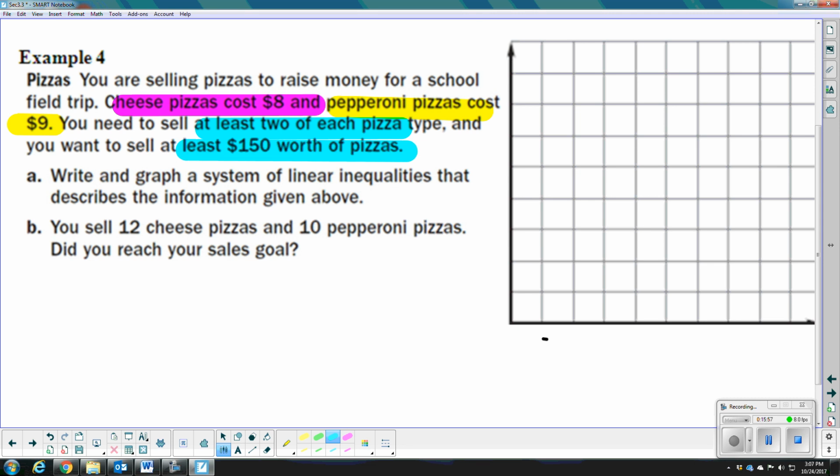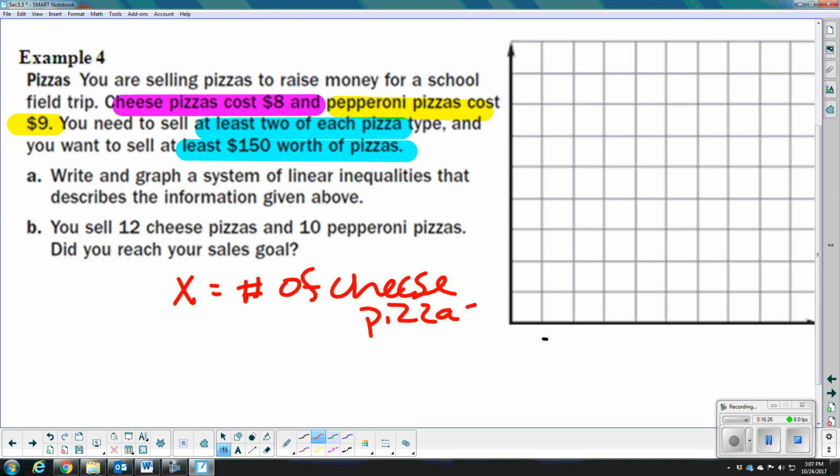So the first step is to write inequalities so that we can graph the system. First we want to think about the information that we know. Let's say X is the number of cheese pizzas, and Y is the number of pepperoni pizzas.